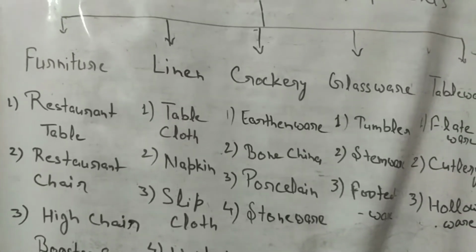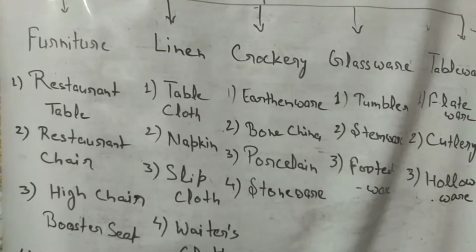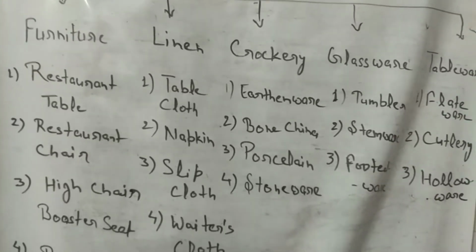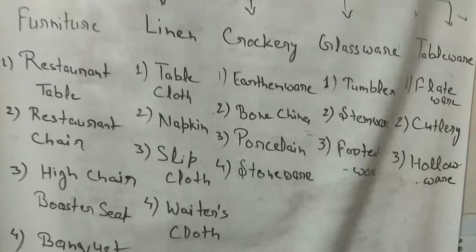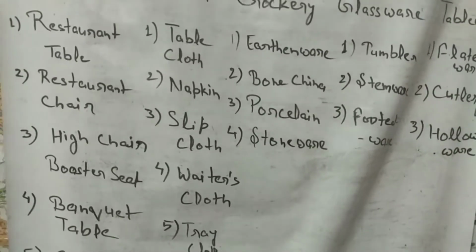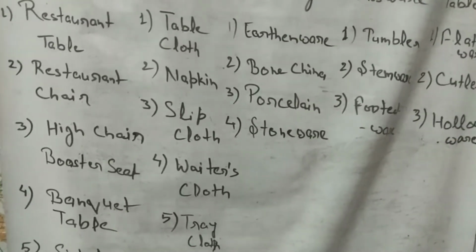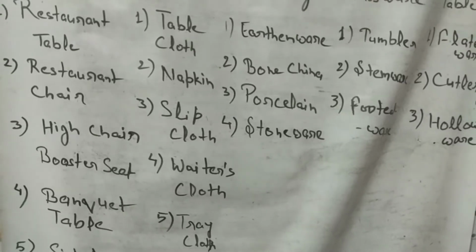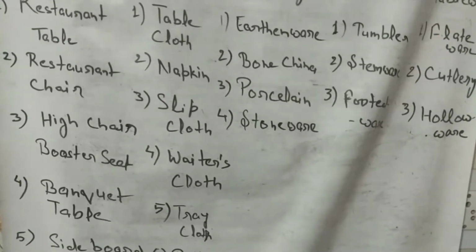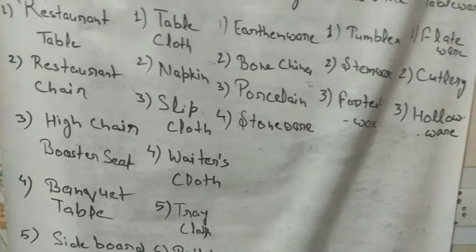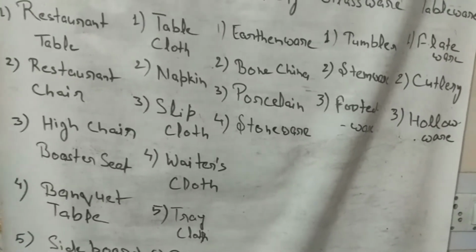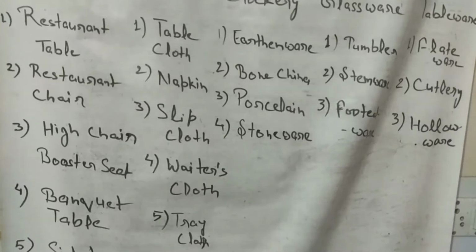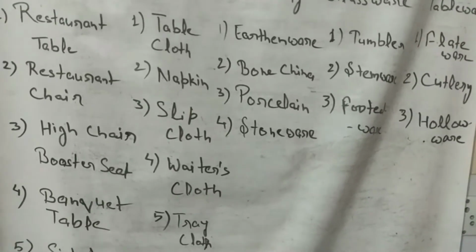Now about the high chair, booster chair. What is booster chair? Booster chair means high chair that are necessary in most food service establishments and restaurants for children. High chairs are available in wood or plastic and come in a variety of finishes and colors.